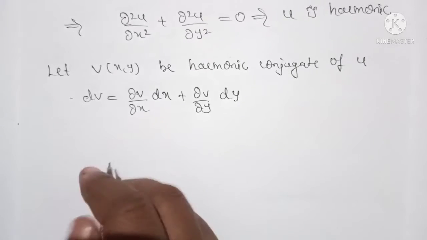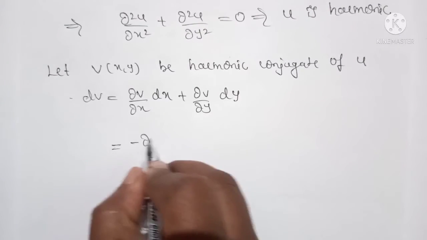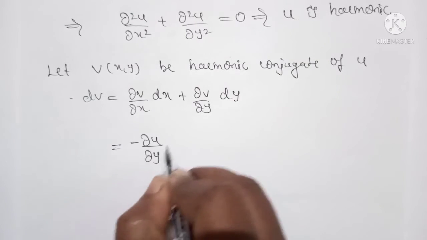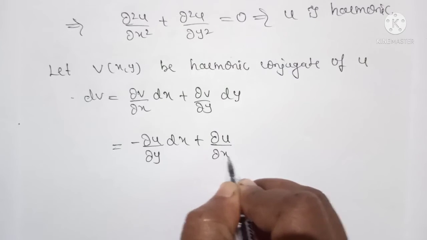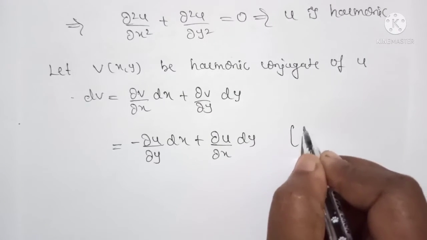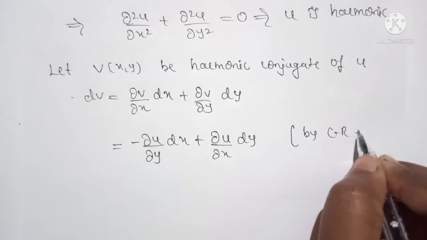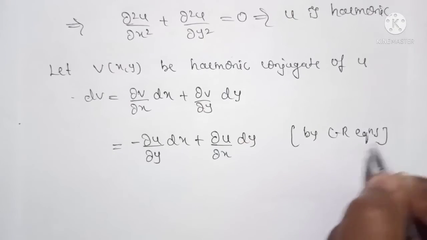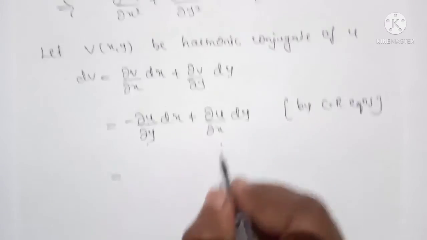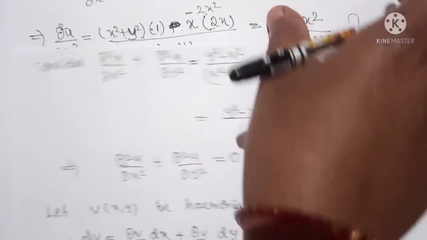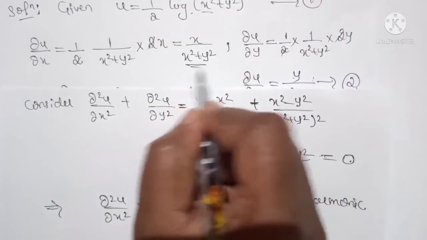Now replacing this by the CR equations, we get minus dou u by dou y dx plus dou u by dou x dy, by CR equations. Now substituting dou u by dou y and dou u by dou x values from equation 1.